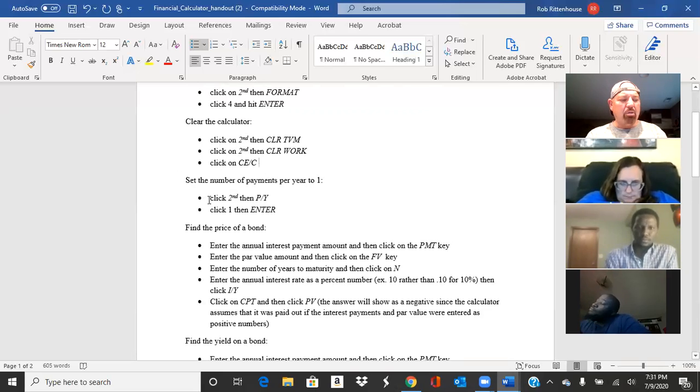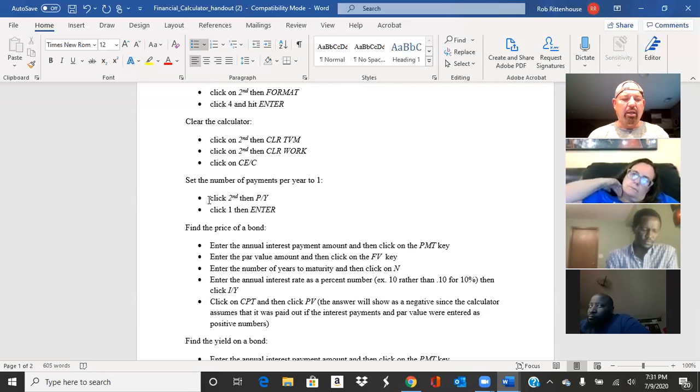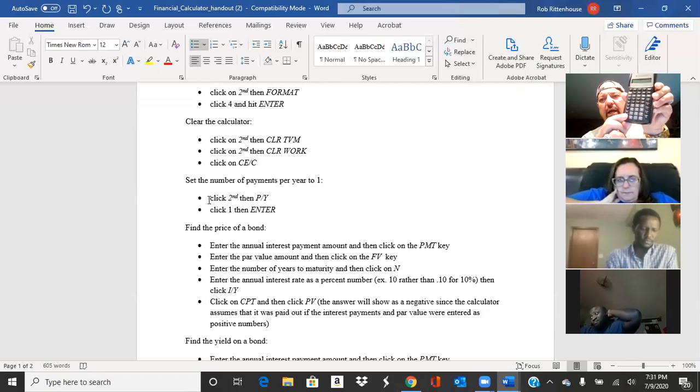Now click second and then PY, which is the second function of the IY button. It should say 1. If it does not, hit 1 and then hit enter. And then hit your clear button down here. Actually, you have to hit the clear button twice to keep it at 1 payment per year.